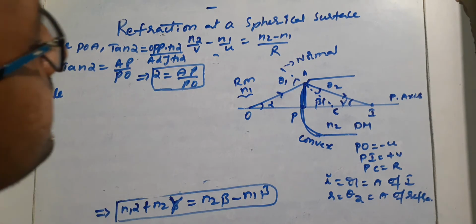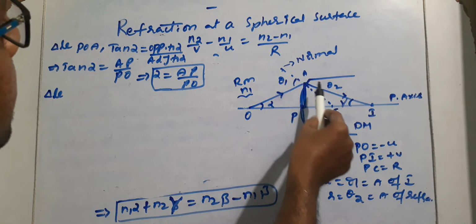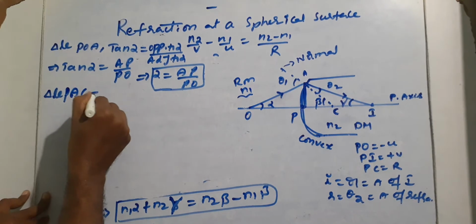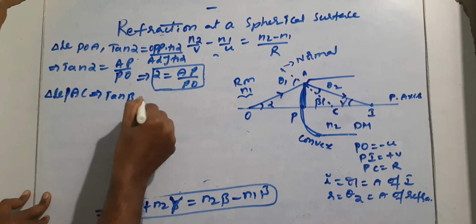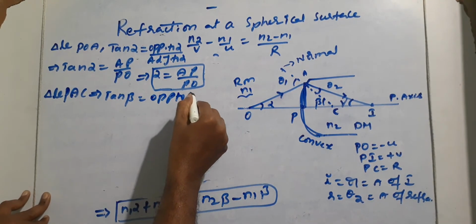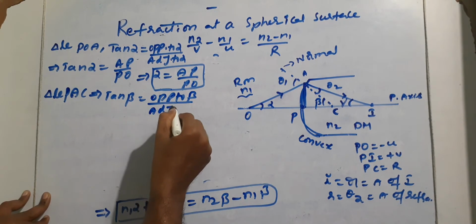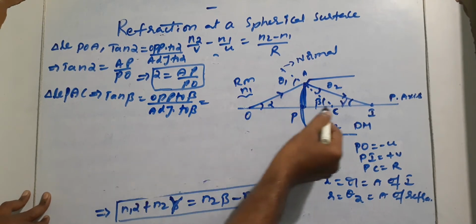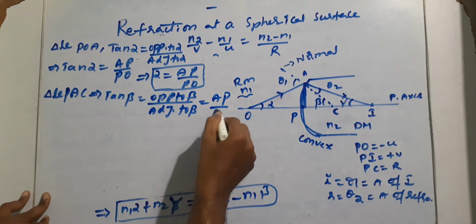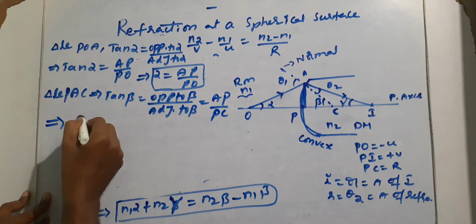From the triangle PAC, this implies tan beta is equal to opposite side to beta by adjacent side to beta. Opposite side to beta means AP, and adjacent side is PC. But as the rays are paraxial rays, you can take tan beta equal to beta.